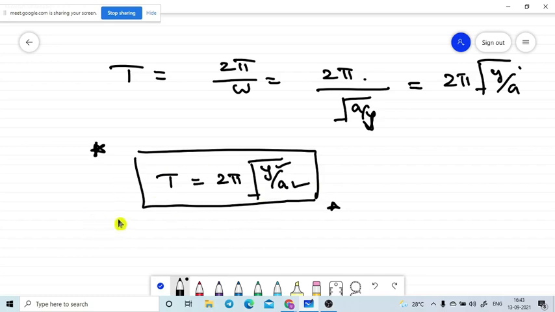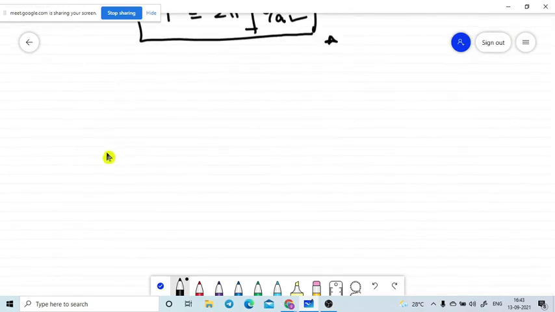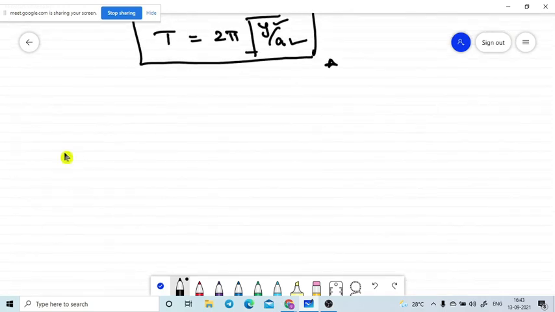Now let me move on to another important physical quantity, frequency of the particle. What does frequency mean?